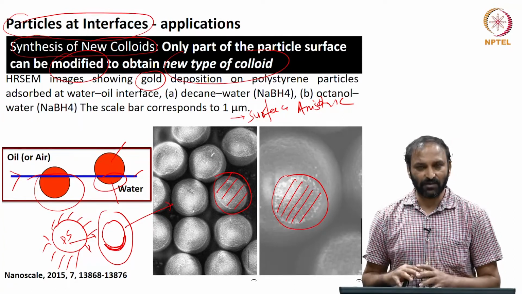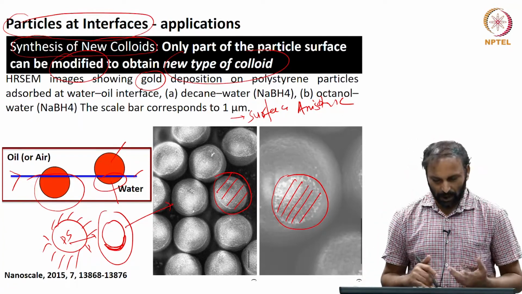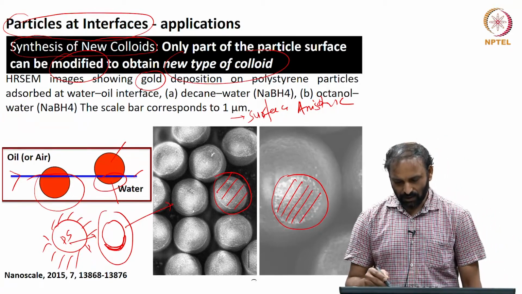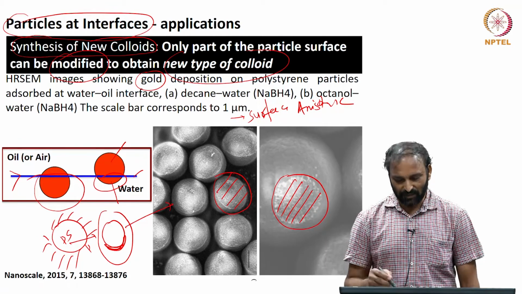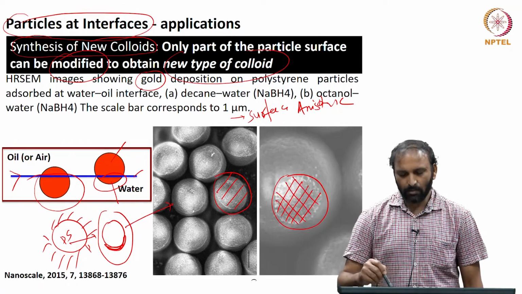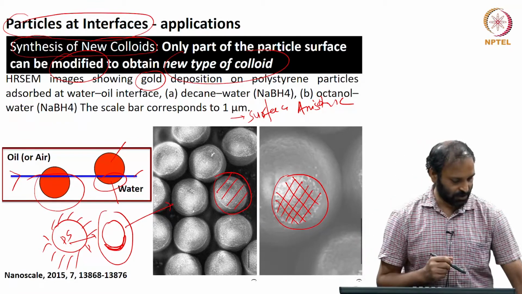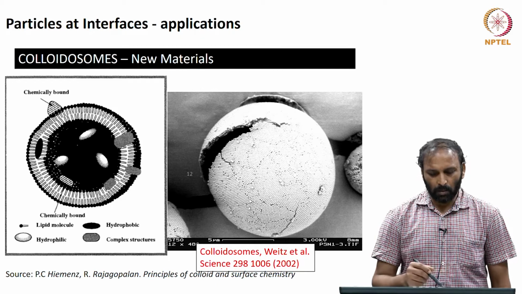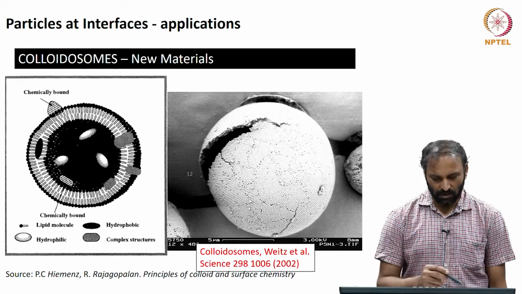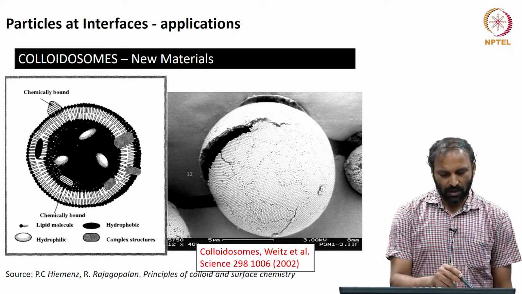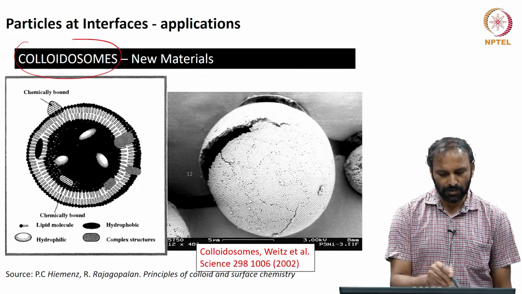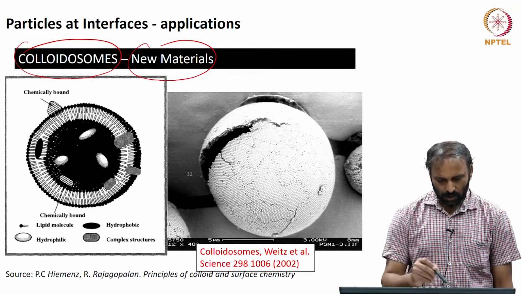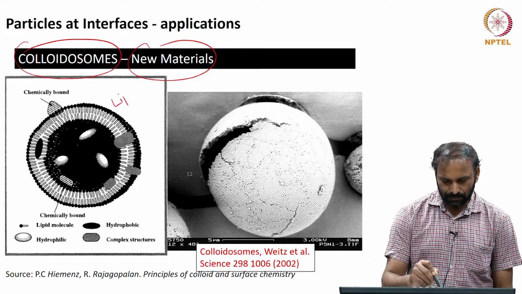What is different is the surface of the particle, and there are ways by which one uses the fractional surface area that is coated with gold as a method for characterizing such particles. The next application comes in the form of making what are called colloidosomes, again a new class of materials. We have talked about what are called liposomes.